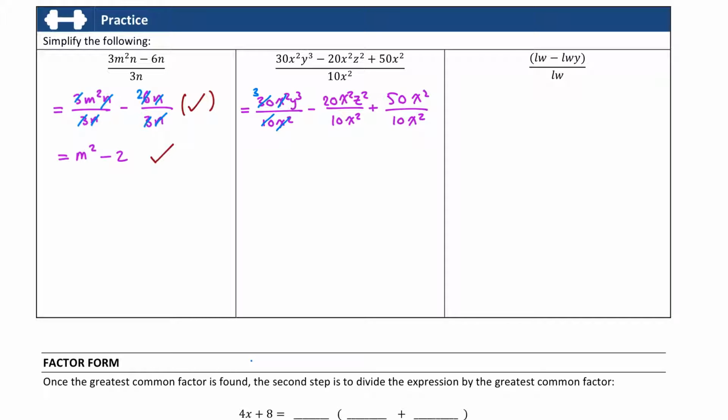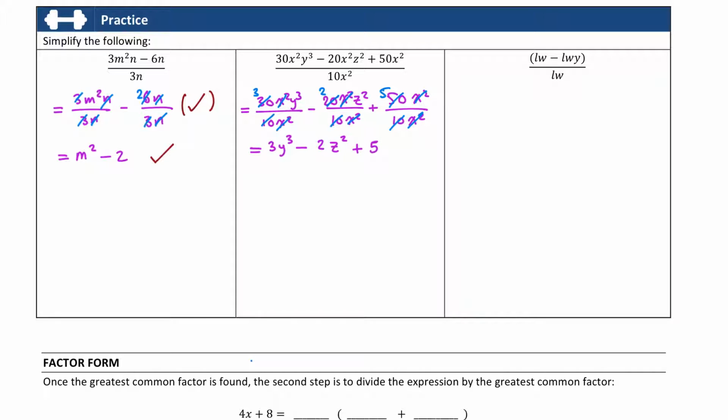And y cubed isn't being divided by anything, so I'm left with 3y cubed minus 20 divided by 10 is 2. x squared cancels out with x squared, and I'm left with 2z squared here, plus 50 and 10 cancel out, and I get 5, so 50 divided by 10 is 5, and the x squareds cancel out, I'm left with 5.